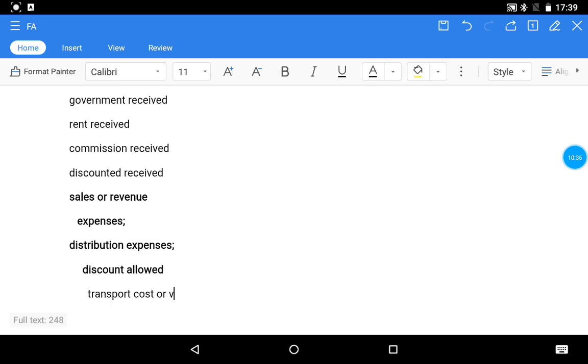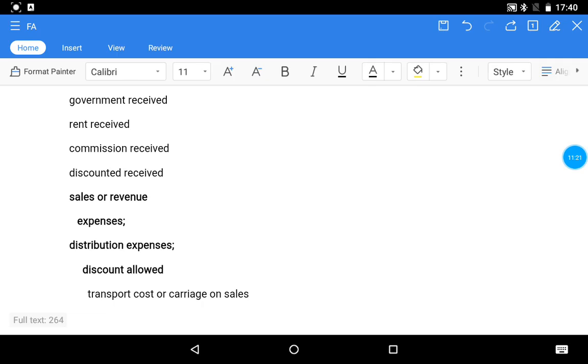For example, maybe you are dealing in bottles or paint, and you have promised a customer that when they buy products worth maybe 10 million or 20 million, you deliver. While you're delivering those products, you are incurring cost. You are using your business money to transfer those things to the customer's destination. We are going to record it under distribution expenses as transport cost or carriage on sales, what you have used for people to carry them.